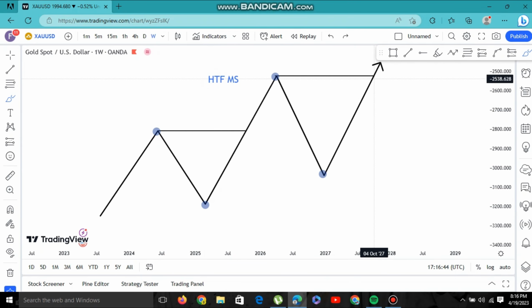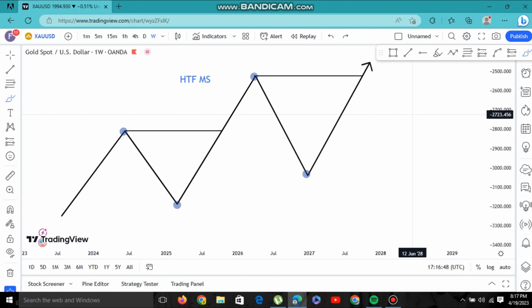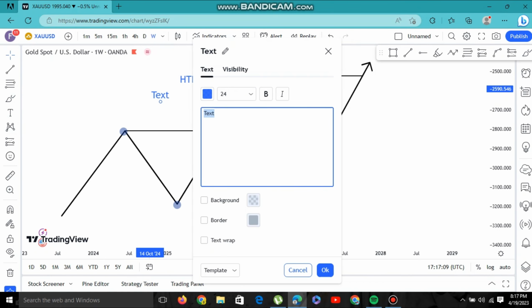As I've told you, we are going to be dealing with two different types of market structures. In this case, we are going to look at a higher time frame market structure, and then we are going to combine in a lower time frame market structure.